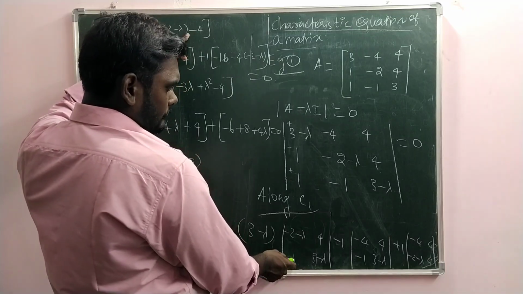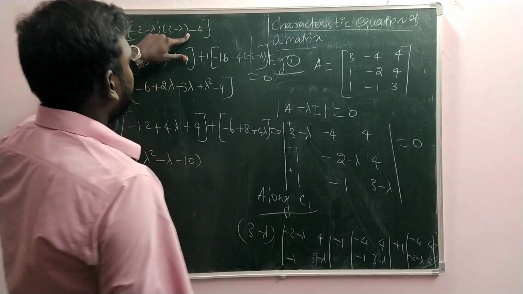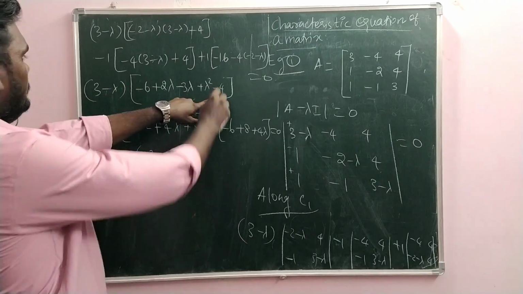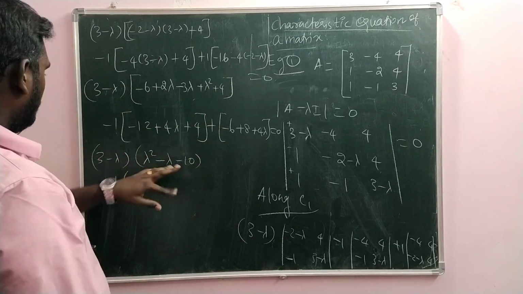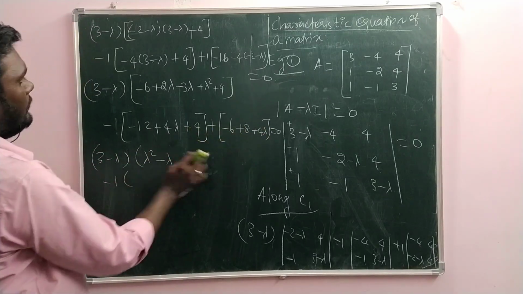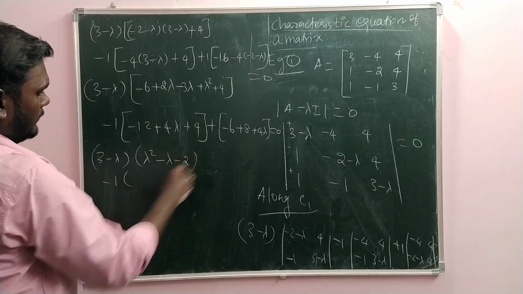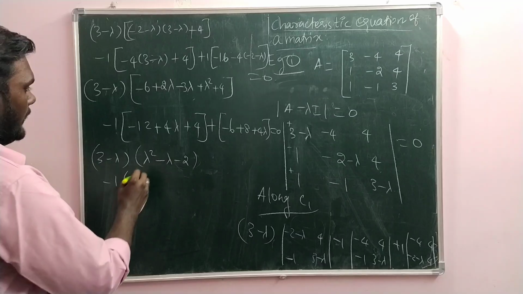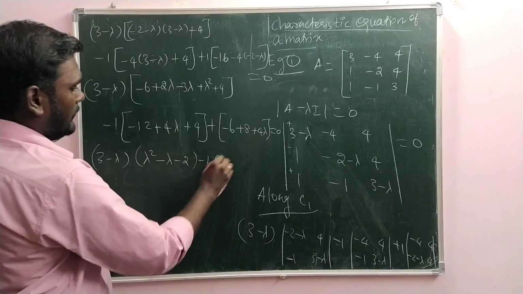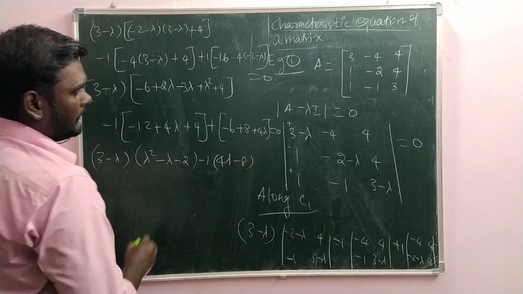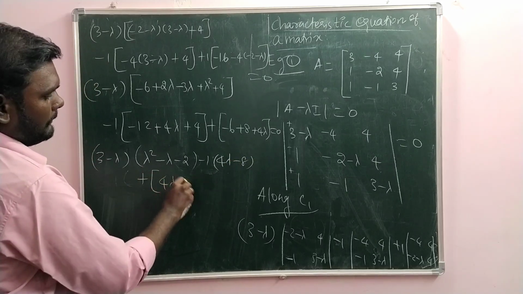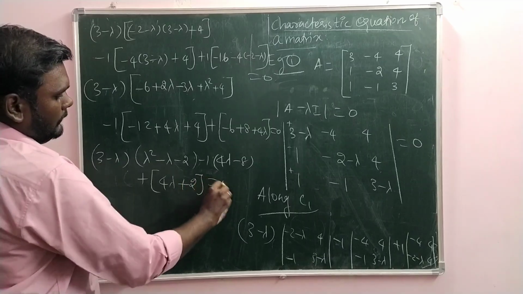This minus 1 I left. That is plus 4. Then next step plus 4. That is it, right? Then minus 6 means this is minus 2. Alright, no problem. And then minus 1 into this is 4 lambda minus 8 and plus this is 4 lambda plus 2 equals 0.